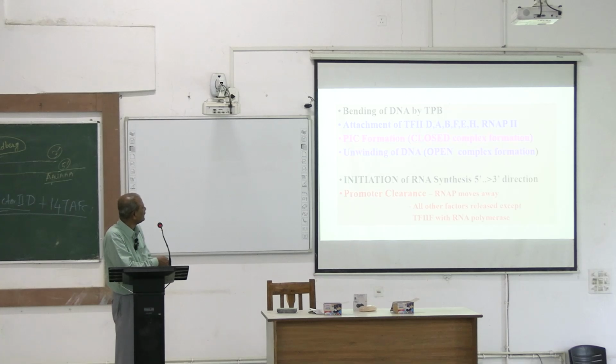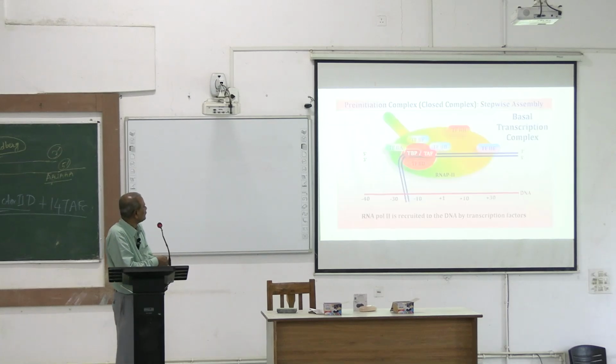So first is bending of the DNA by the TATA binding protein, then serial attachment of all the factors, then the pre-initiation complex, then unwinding of the DNA to form the open complex, initiation of RNA synthesis, and then the promoter area will be cleared. Schematically the pre-initiation complex is this much, but in reality it is much more complex.